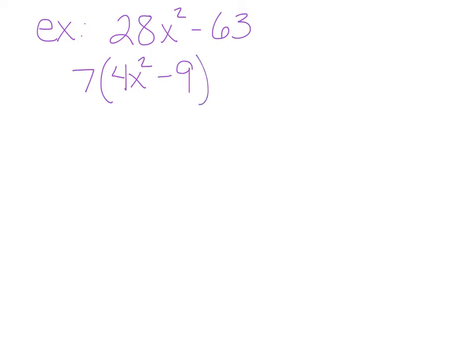This is not a trinomial, but is it a difference of perfect squares? Yeah, we've got a difference of perfect squares there. So we've got 7 times, what's the square root of 4? 2. What's the square root of x squared? X. What's the square root of 9? 3. And then we have 2x plus 3.